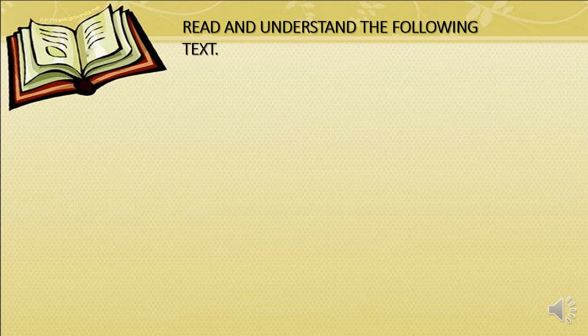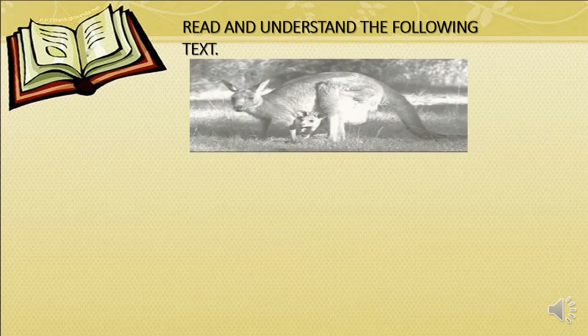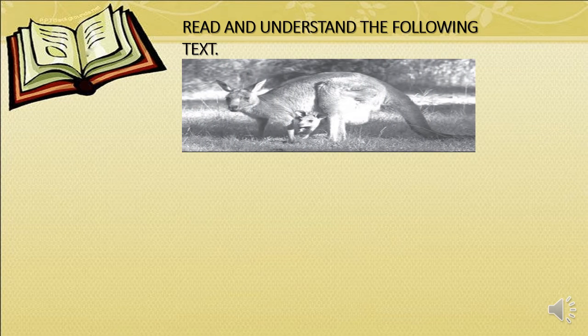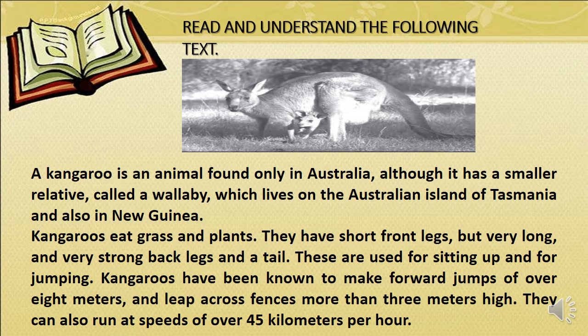I want you to read and understand the following text. Have a look at the picture. What animal is it? That's true, this is a kangaroo. I give you 1 minute to read the text. Good job. A kangaroo is an animal found only in Australia, although it has a smaller relative called a wallaby, which lives on the Australian island of Tasmania and also in New Guinea.